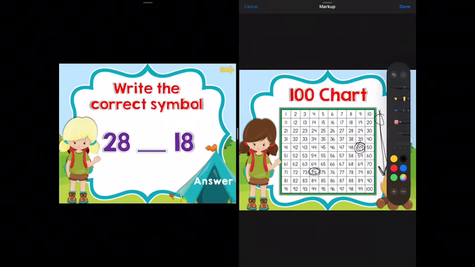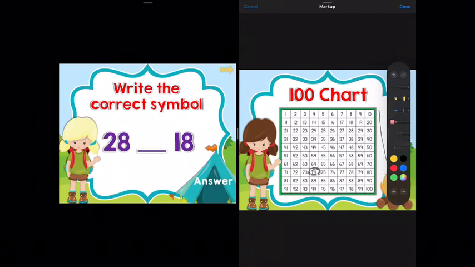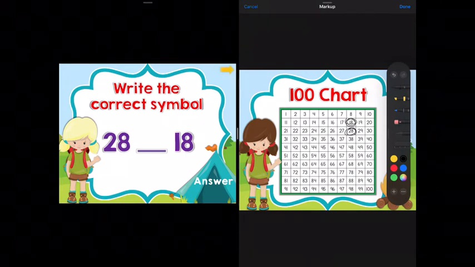Write the correct symbol. 28 blank 18. Well, there's a 2 in the tens place for 28, and there's a 1 in the tens place for 18.